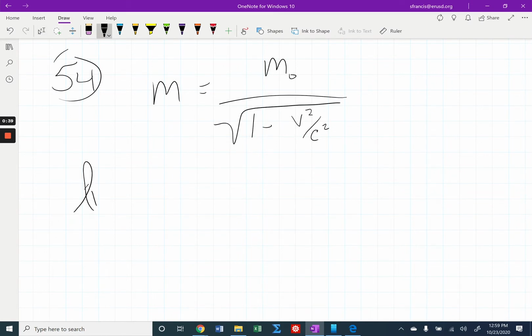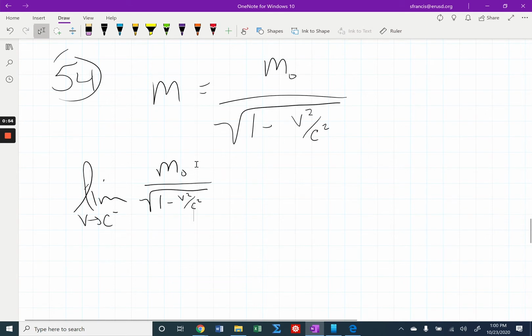So taking the limit of m, but m is m naught over this square root expression here. What's the first thing I tell you to do or try every time you're taking a limit? First thing I tell you to try is, hopefully you're saying it before I do, direct substitution.